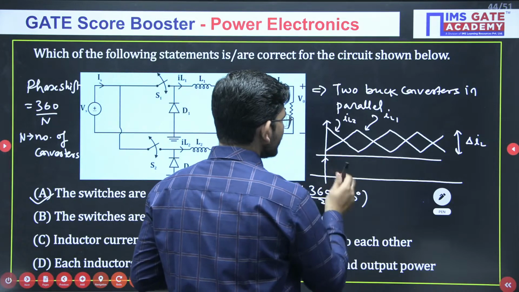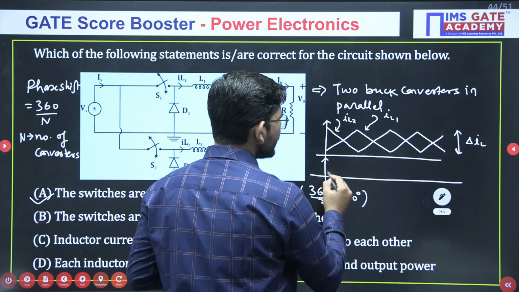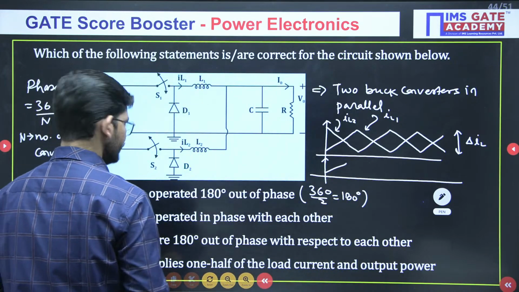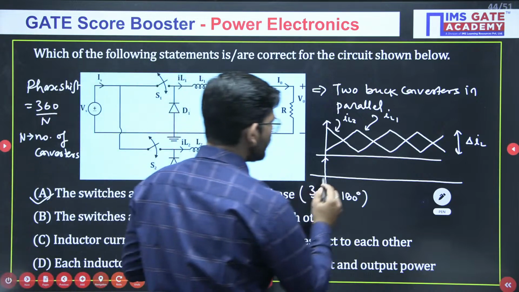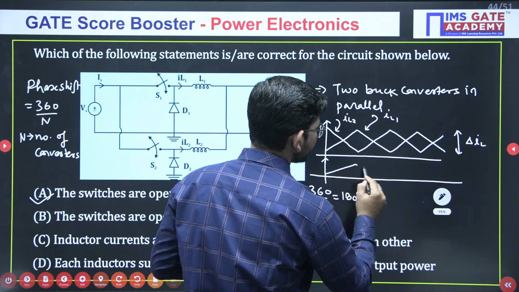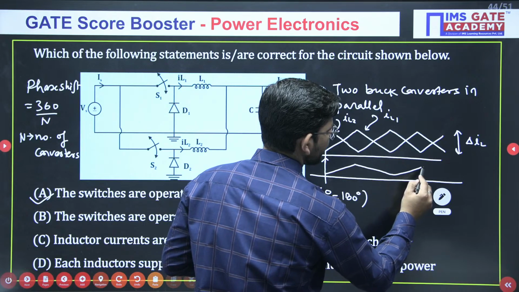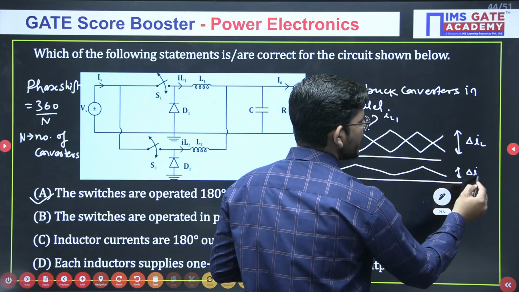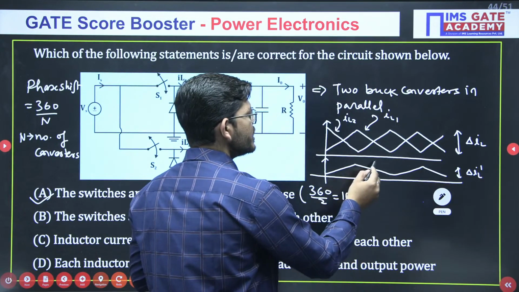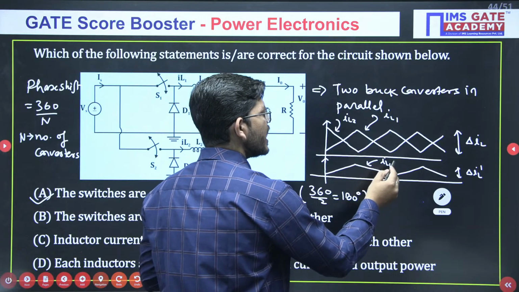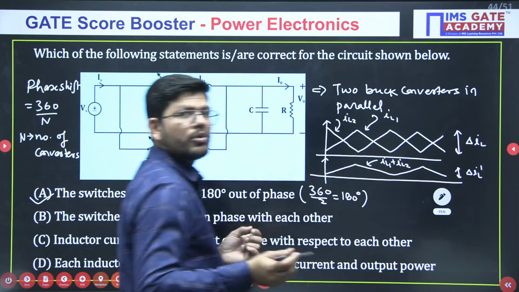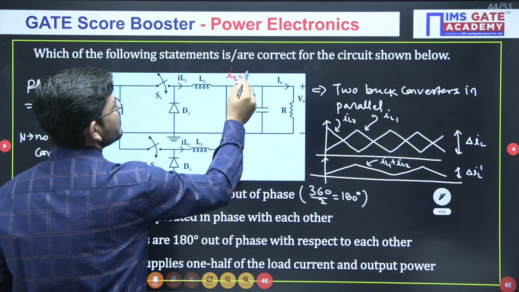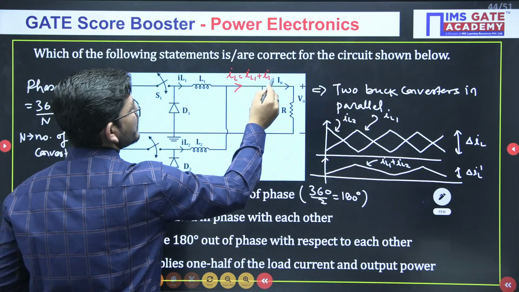But if I am operating them in parallel, the sum of these two currents will have a variation like this. Okay. So what you can see? This is now delta IL dash. What is this? This is the sum of current IL1 plus IL2, the total inductor current, which you will be getting here. So IL is basically IL1 plus IL2.